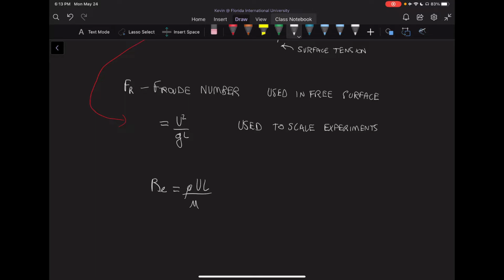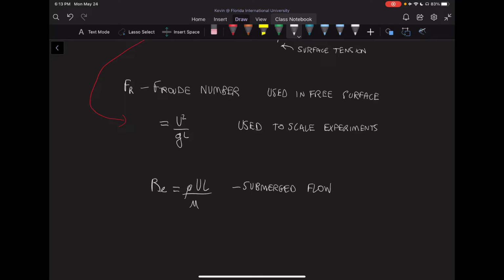If we keep rho UL over mu constant with different sized experiments, we're going to get the same exact flow in a submerged flow. So we need a flow that is completely submerged without a free surface.